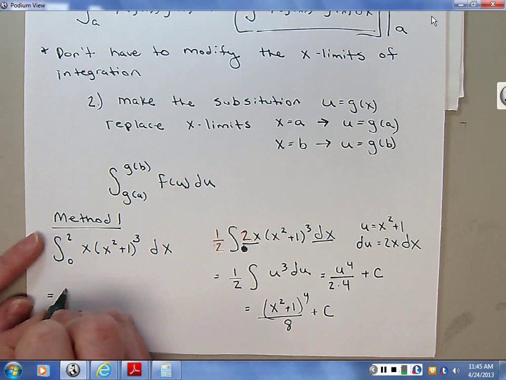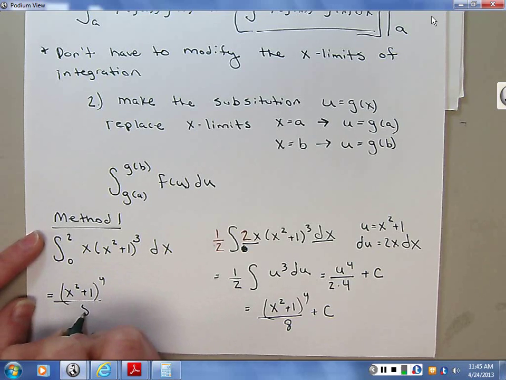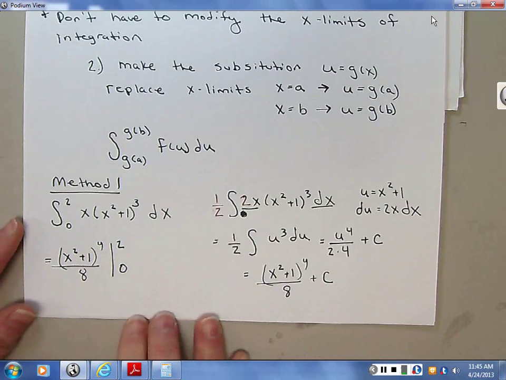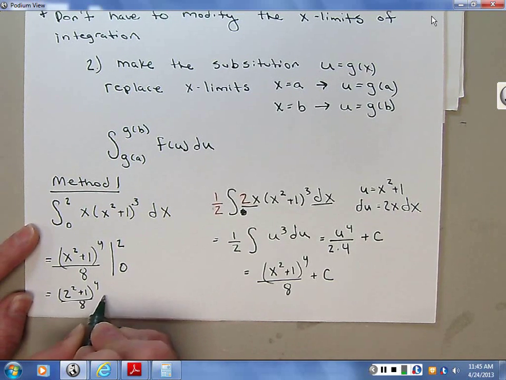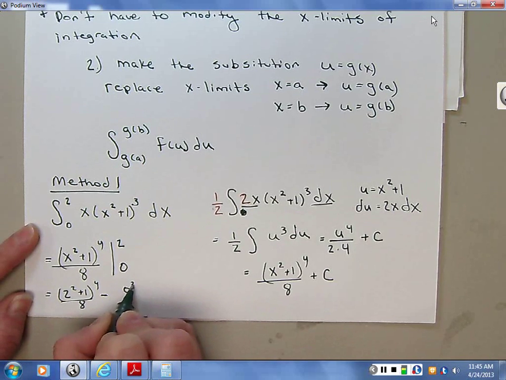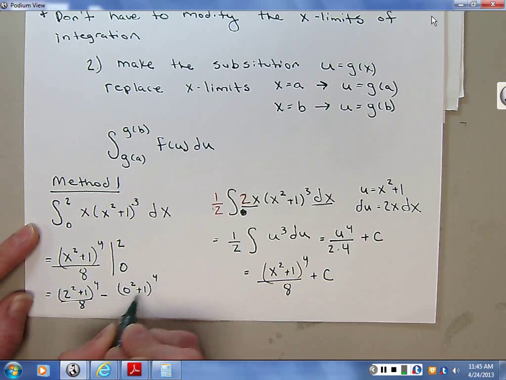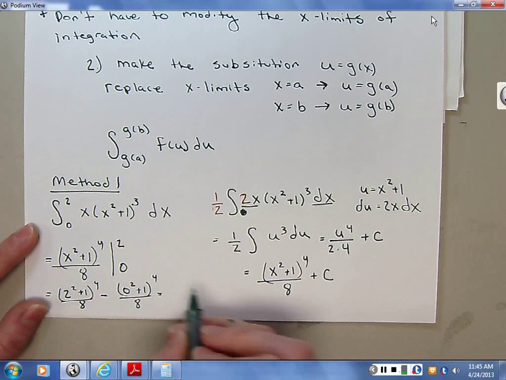This is going to be (x squared plus 1) to the 4th over 8, and I'm going to plug in my upper bound minus my lower bound, right? So I get (2 squared plus 1) to the 4th divided by 8 minus (0 squared plus 1) to the 4th over 8. So this ends up with 7/8.